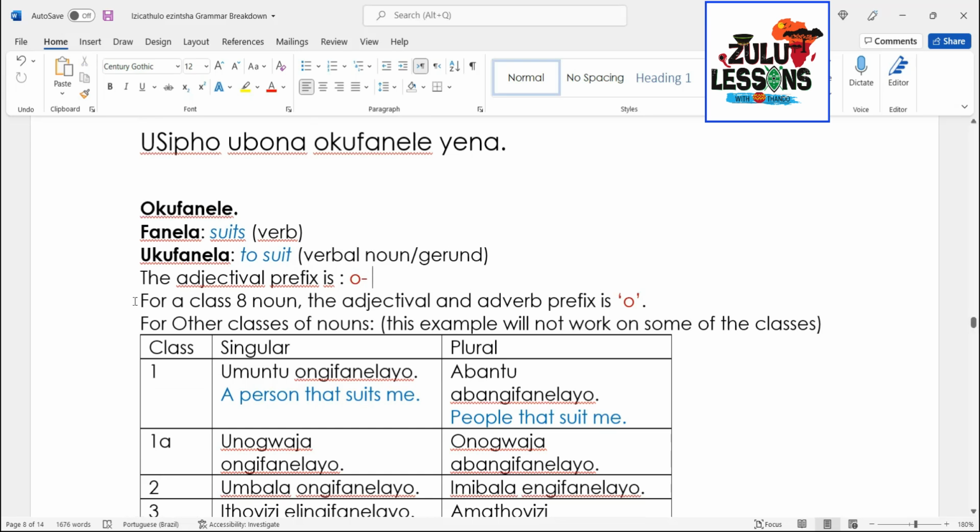So let's have a look at how we would use this for different classes of nouns. We want to use the adverb fanela, so to suit. So we'll say this suits me, this suits you. So actually we just say this suits me. Whatever it is that we are talking about suits me.